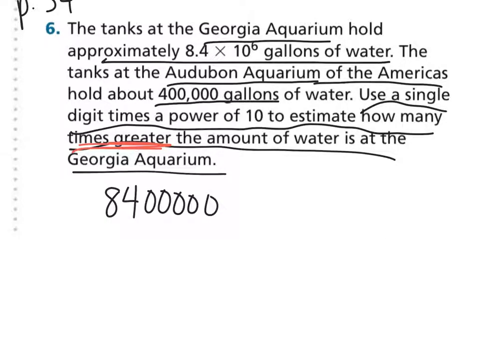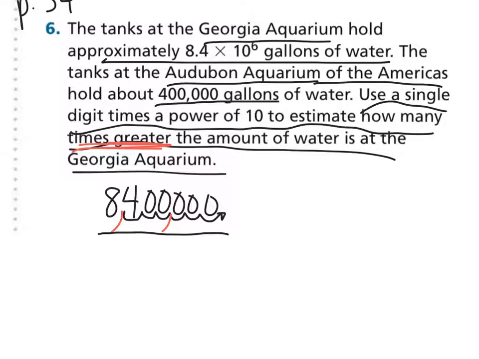If the decimal was here, and you move it 6 places to the right, that would be the same as 8,400,000. So 8,400,000 gallons for the Georgia Aquarium.